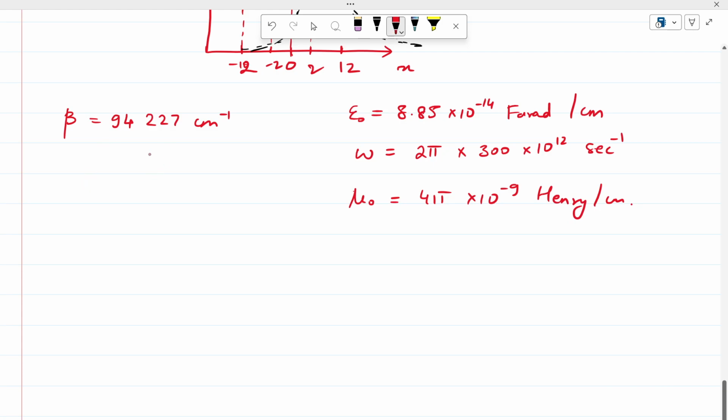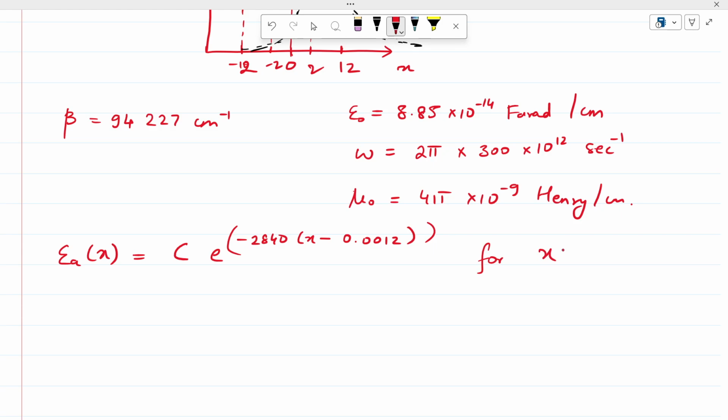Right. So if this is beta, then for the solutions for waveguide A, write it down first. A of x is equal to C e power minus 2840, so this is the gamma value, times x minus 0.0012 in centimeters, for x greater than 0.0012 centimeters.